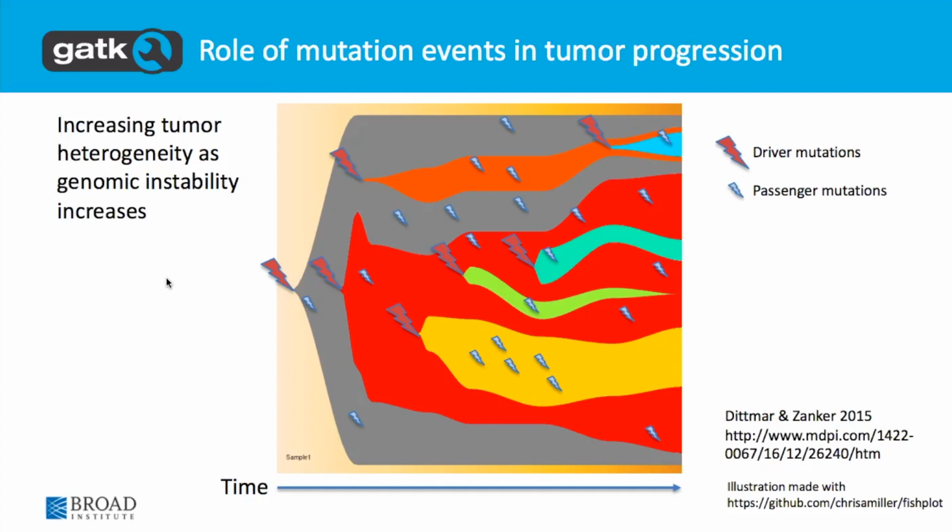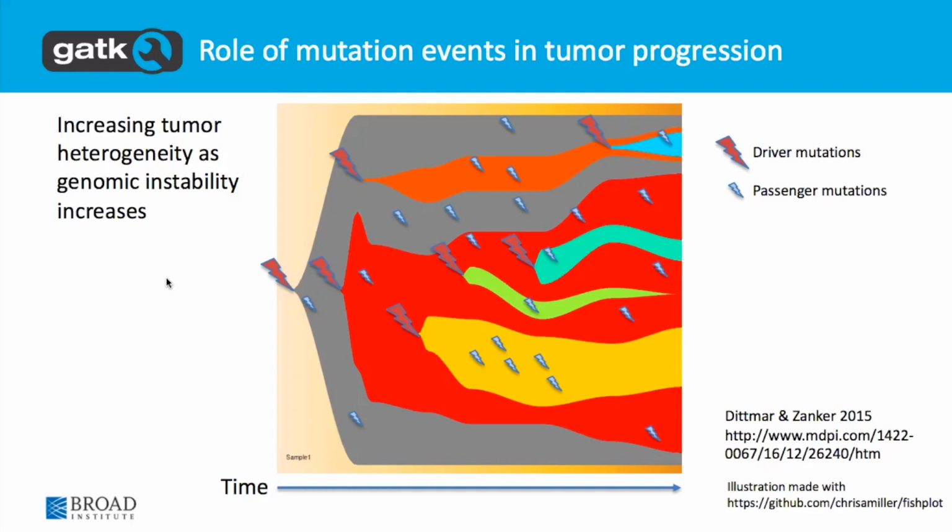And so you'll have the appearance of these sub-lineages of cells within the tumor that will progress in various proportions. And as you have other driver mutations that occur, you have new progeny cell lines that appear within that context.